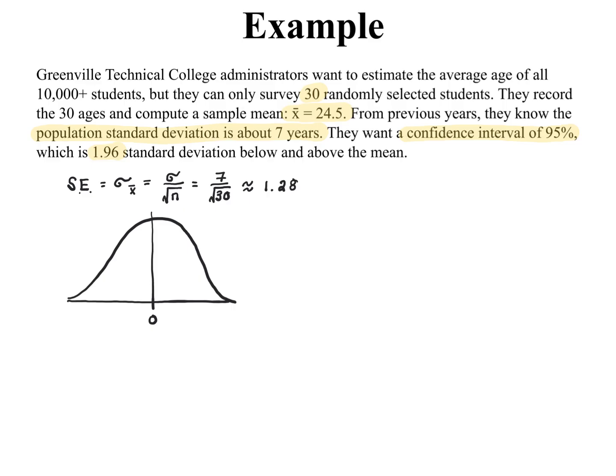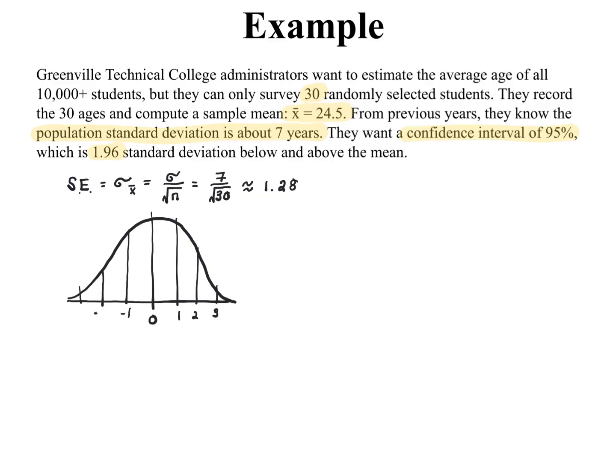And we're saying that the z-score should be 1.96 standard deviations above and below. So here's one standard deviation above. So we can go 2 standard deviations, 3 standard deviations above. And then we can have, say, 1, 2, 3 standard deviations below.